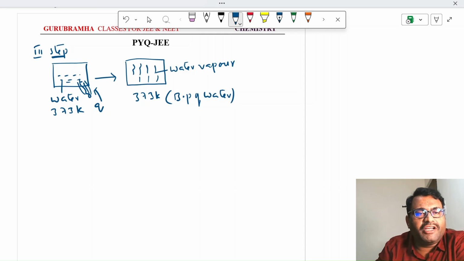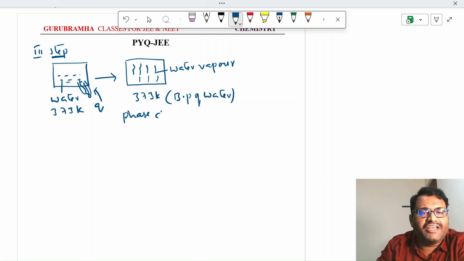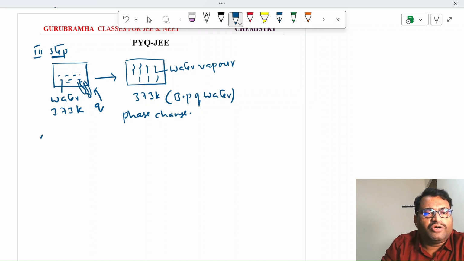Again, we are speaking about phase change or state change. During the phase change, liquid water is converting into vapor. So delta S vapor is the entropy change during vaporization.